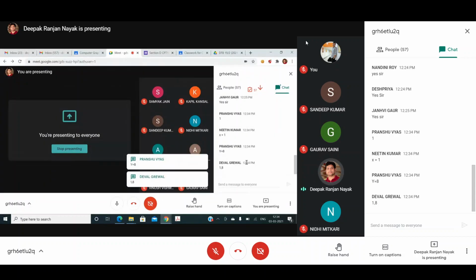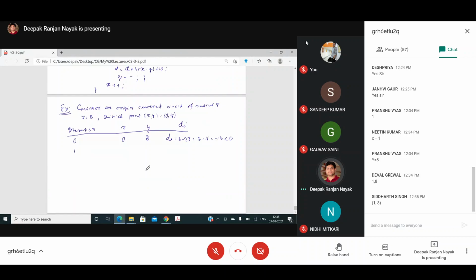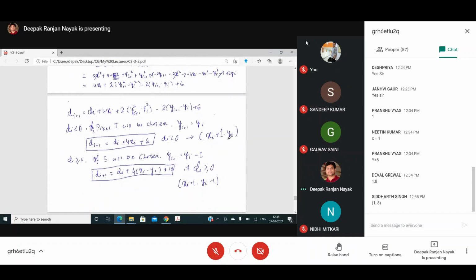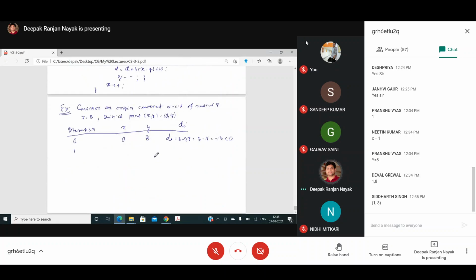My x value will be 1, y value will be 8. That means I'm considering the top pixel here. If it is less than 0, the top pixel will be chosen, if you remember. So my y value will remain the same, but my x value will always increase by 1. So x will be 1, y will be 8.